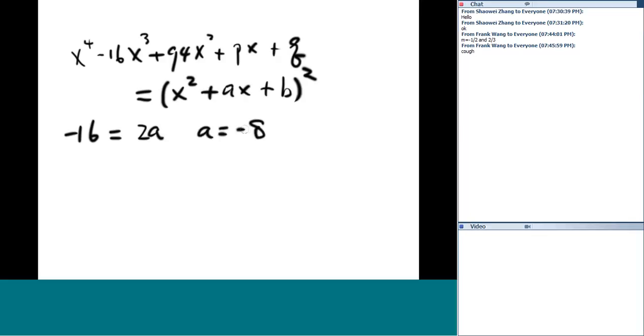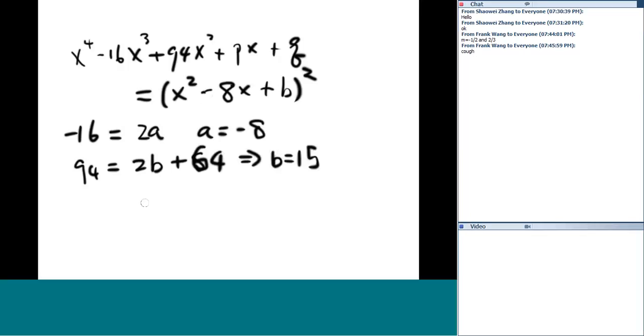So you change it to x squared minus 8x plus b. Then you compare the quadratic terms, so you get 94 equals 2b plus 64, right? You get b equals 15.